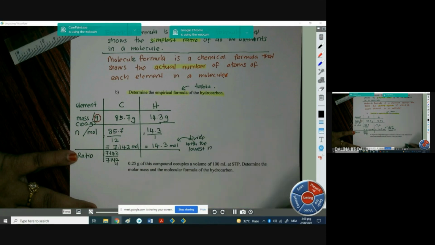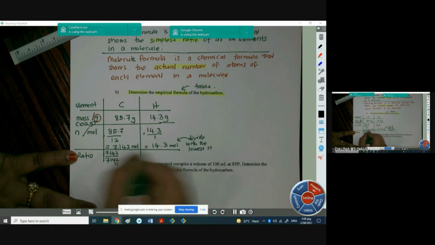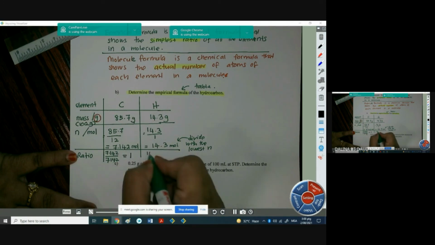Okay, so the lowest number of mol is 7.142. So this one, 7.142 divided 7.142 equal to 1. So 14.3 divided 7.142 equal to 2.